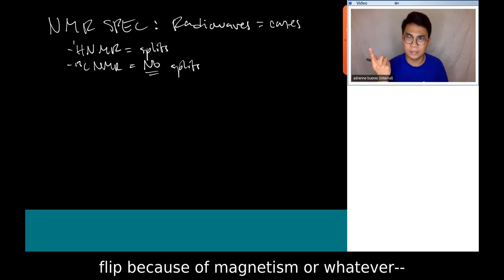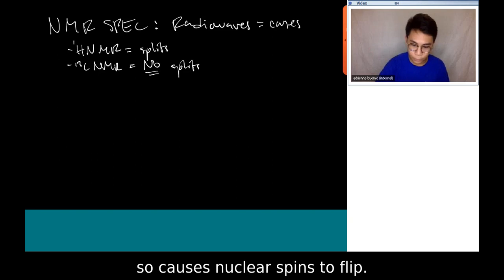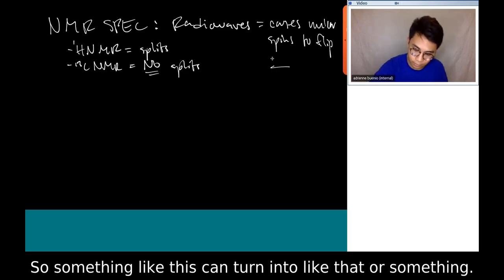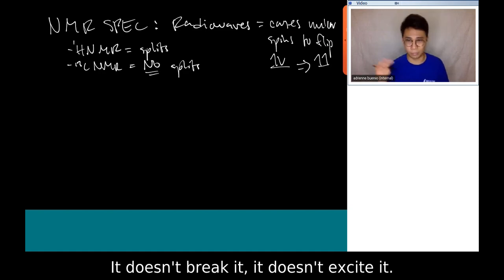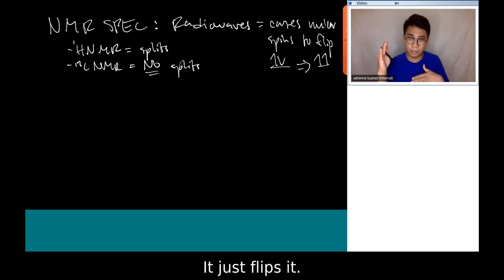Because of magnetism. So it causes nuclear spins to flip. So something like this can turn into like that, right? So it makes it flip. It doesn't break it, it doesn't excite it. It just flips them.